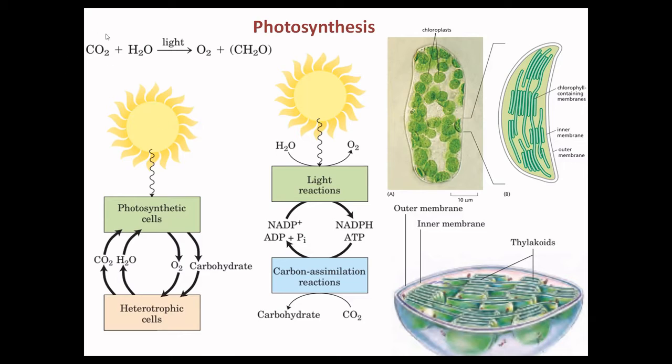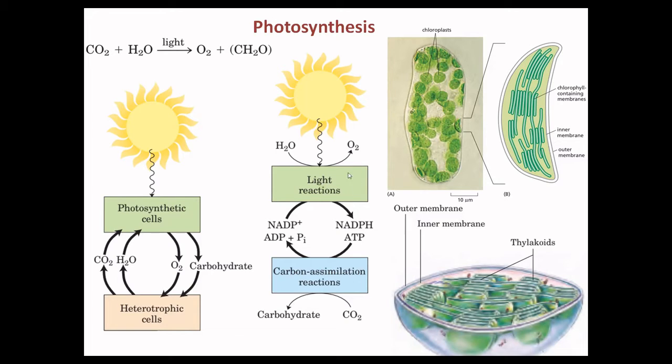This is a very simple equation where the carbon is present in the atmosphere as carbon dioxide, and the source of the electron is water. In the presence of light, the very high reduction potential water molecule is able to donate its electron. The result is the oxygen molecule, and the final result is the carbohydrates.